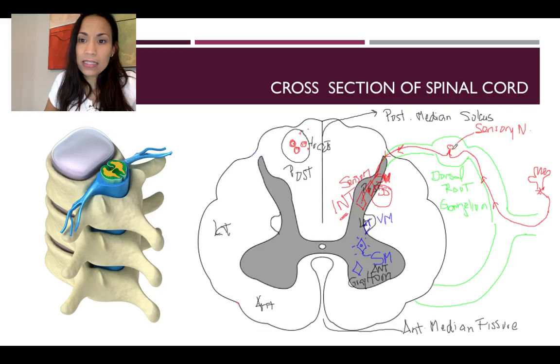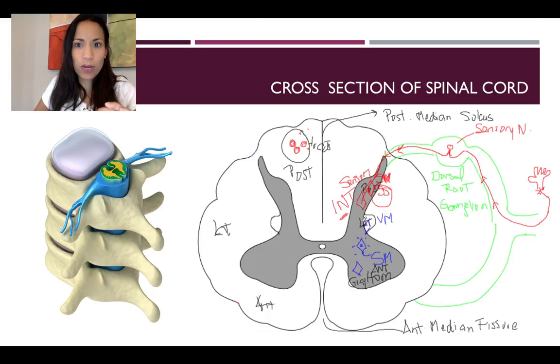So this sensory neuron synapses with an interneuron located here in the posterior gray horn, okay? And this is how the sensory information finally gets into the spinal cord.